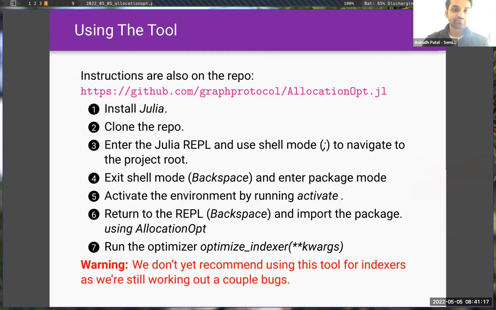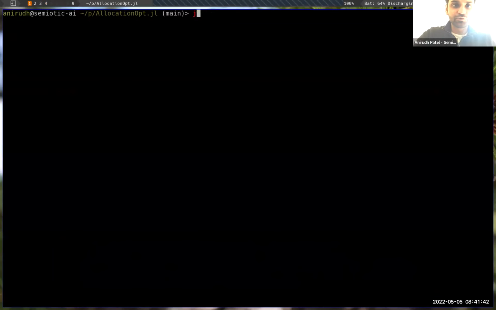Okay, so how to use this tool? First of all, the tool is on the Graph Protocol's GitHub repository under allocationopt.jl. And there are instructions in the GitHub repo, so I'm not going to read through it here. I can quickly demo in case none of you have used Julia before.